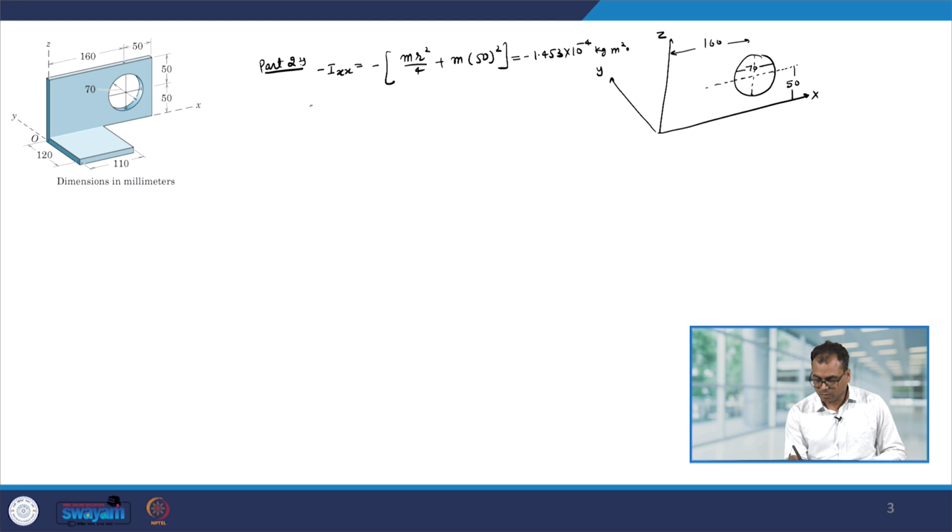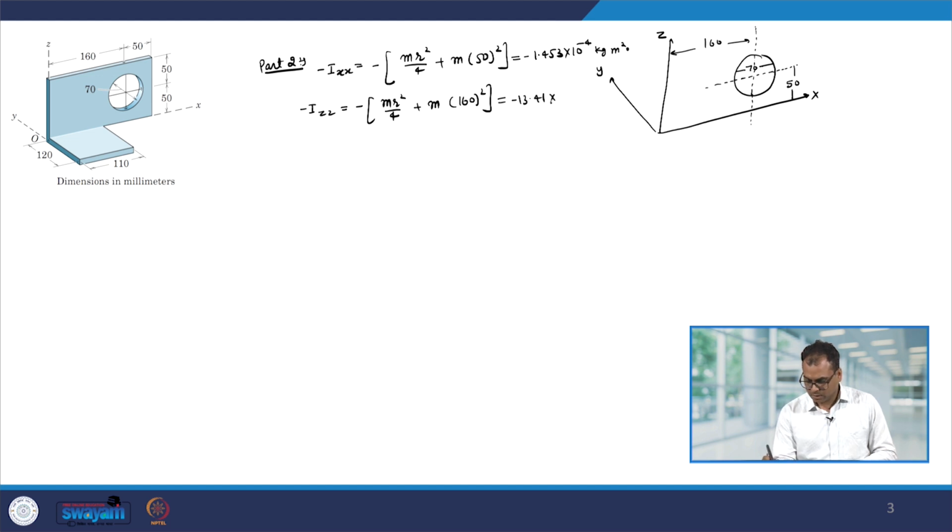Okay. Now, the moment of inertia about the z axis, Izz, can be calculated if we find out the moment of inertia about this axis and then use the parallel axis theorem. So, that will be minus m r square divided by 4 plus m into 160 square, okay. And that comes out to be minus 13.41 into 10 to the power minus 4 kg meter square.